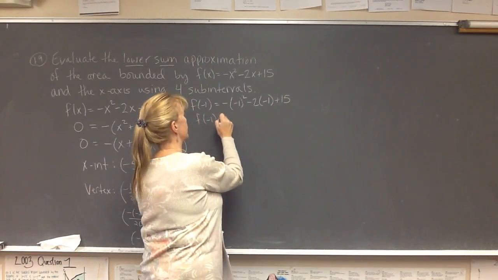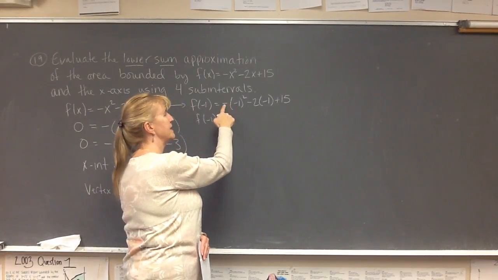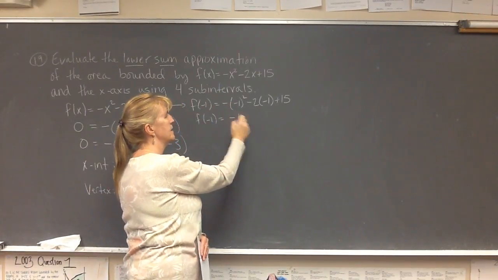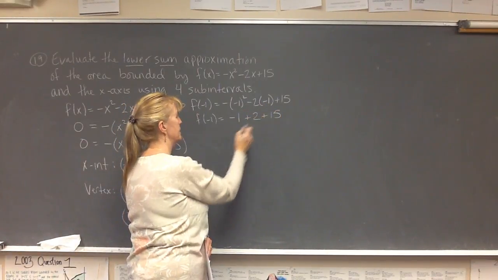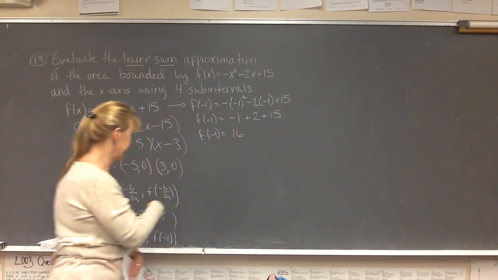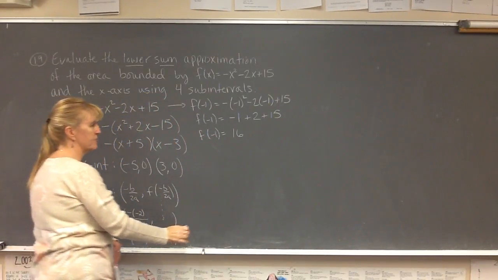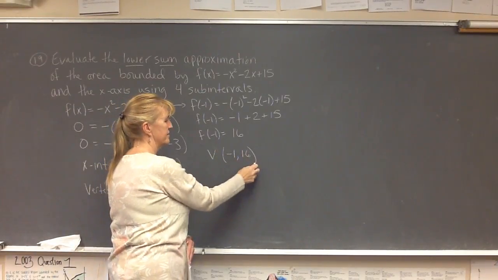When you take negative 1 and square it, you get a positive 1, but this negates, so we have a negative 1 again. Negative 2 times negative 1 is a positive 2, and then plus 15. This gives me 16. So the 16 turns out to be the y-coordinate of my vertex. I have a vertex that is negative 1, 16.